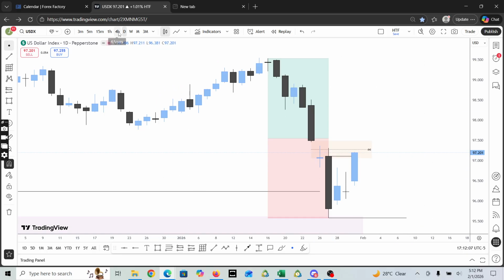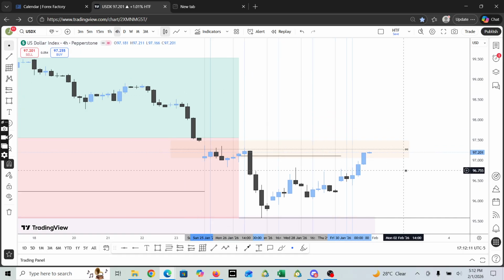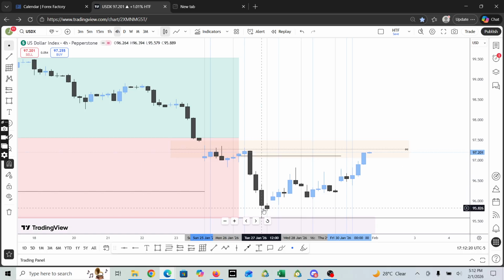Let's see what the H4 is telling us. So once we haven't closed above this one, but this is the expansion from Tuesday, and every other price action has been within that except for Friday when we saw an expansion to the upside, right?